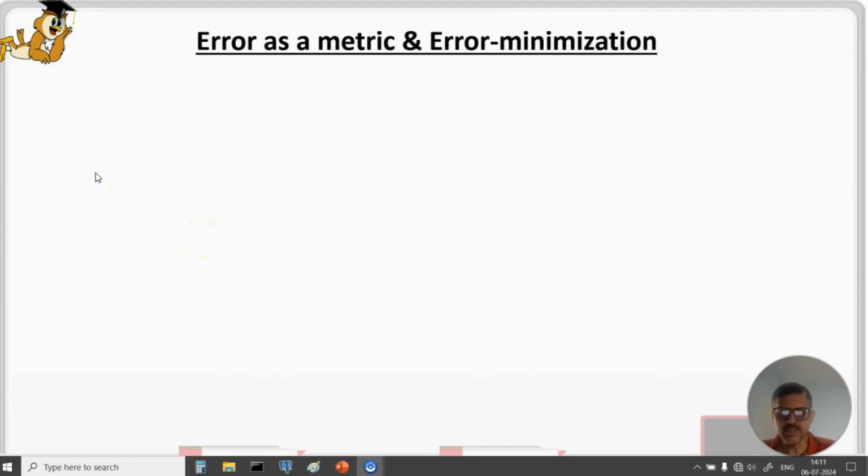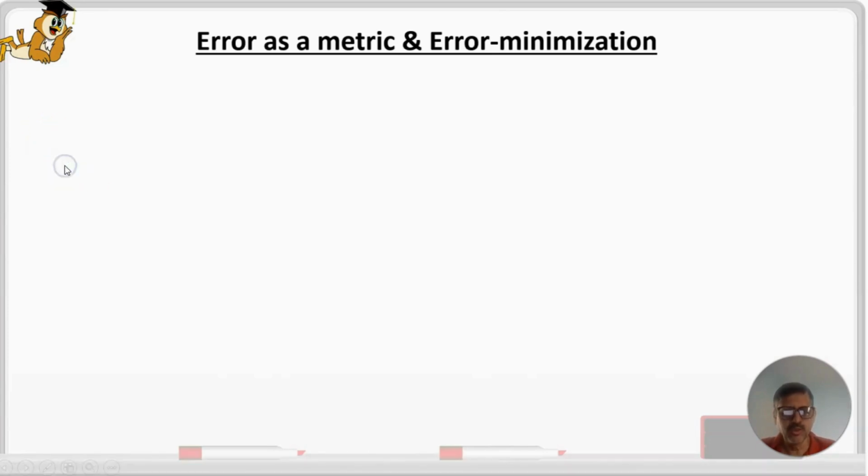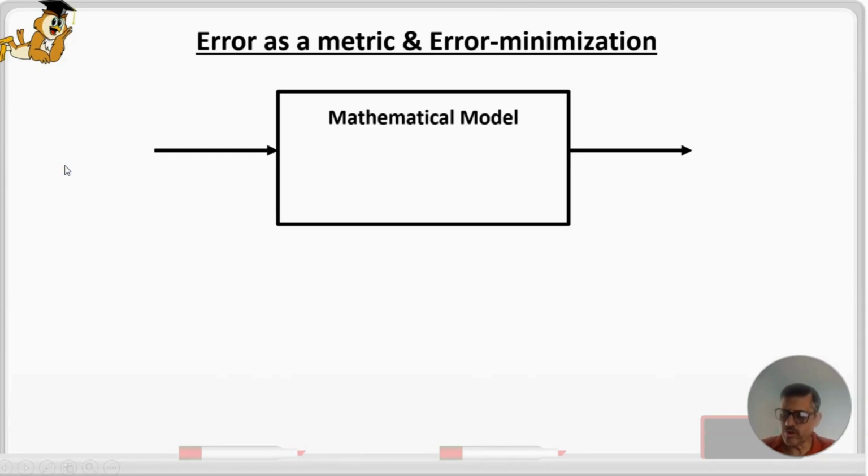The reason I say that error is often used as a metric, especially in problems that have to do with AI or the kind of optimizations that we are going to run into, is as follows. Many times what you're trying to do is essentially build a mathematical model that mimics the behavior of your training data.